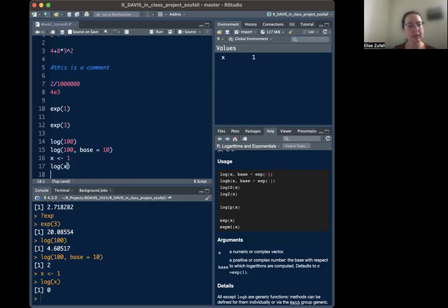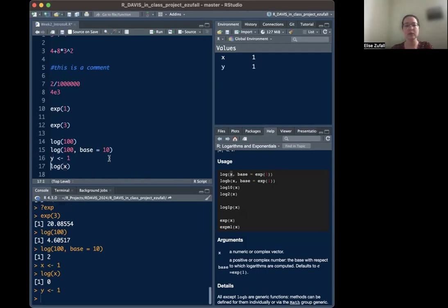Now, it's kind of a coincidence that this variable we made is called x, and also the name of this argument that the coder wanted to design was also called x. It doesn't have to be that way. We could put in a variable with our own name. So for instance, if we put y is 1, we could evaluate the log of y, and in our console, the output is exactly the same.